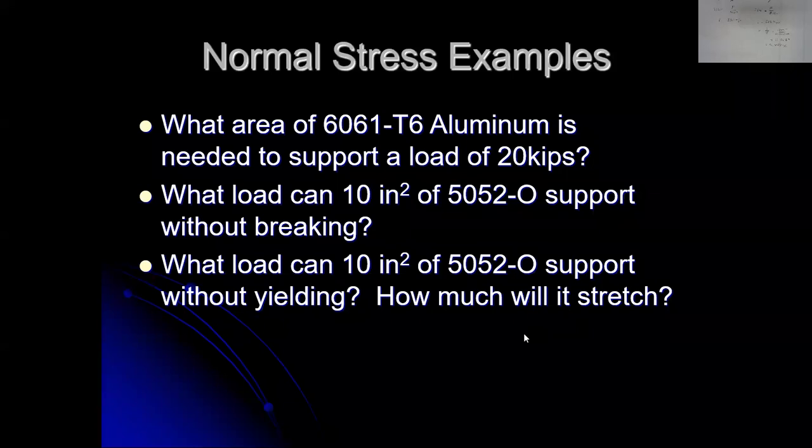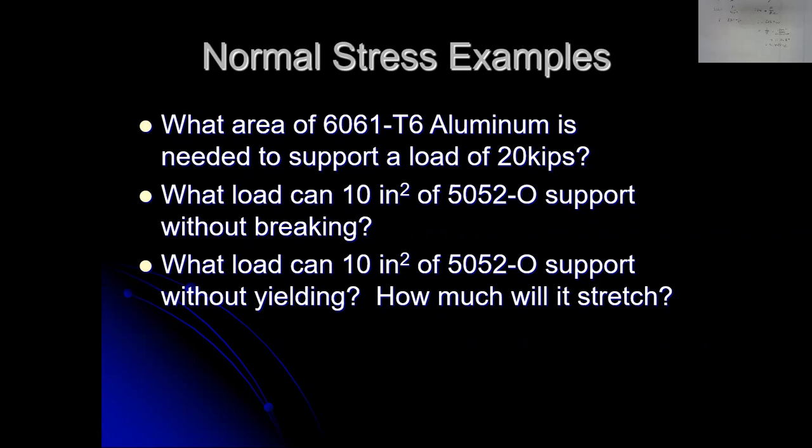So in order to figure out the physical length that it would stretch, we'd need to know the actual length, but we can certainly find the strain just knowing the stress and the Young's modulus, the relationship between stress and strain. And it's valid to use Young's modulus because we're below or at the yield point. If we were too far beyond the yield point, we really wouldn't be able to use that calculation.